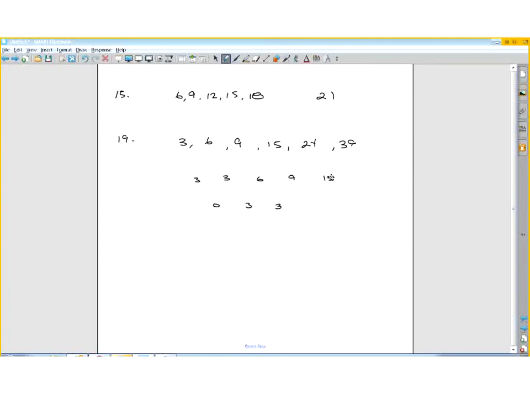The difference between 15 and 9 is 6. And so you're starting to see a pattern: 0, 3, 3, 6. Next, let's think about this. If we go one more level, we're going to have 3, 0, 3.